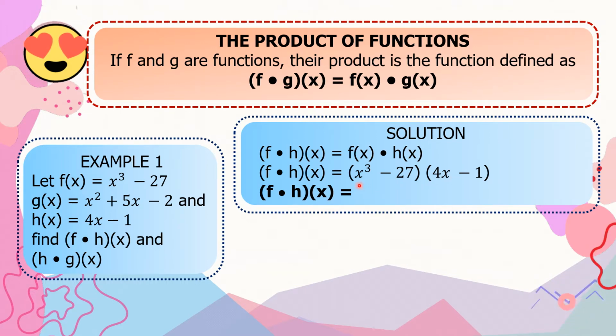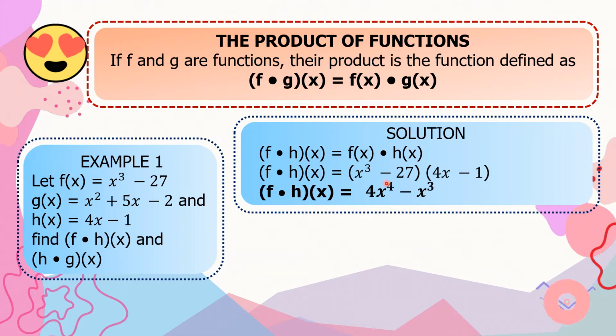So, unahin muna natin yung x cubed, i-multiply natin sa 4x minus 1. So, again, we write f times h of x. So, x cubed times 4x is equal to 4x to the 4th. X cubed times negative 1 is equal to negative x cubed.